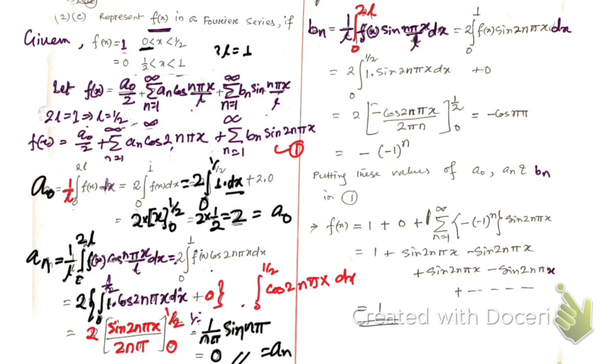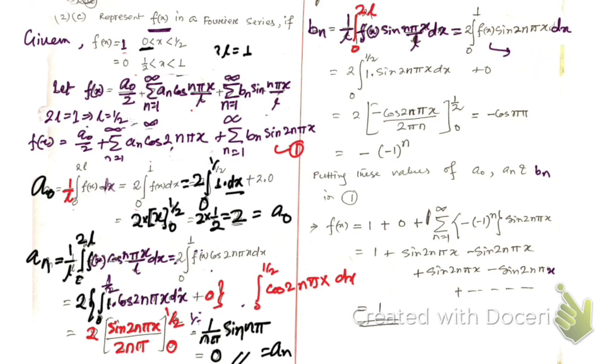Again if you replace L by half, you're going to get this result. This is nothing but 2 integration 0 to 1 f of x sine 2n pi x dx, right?